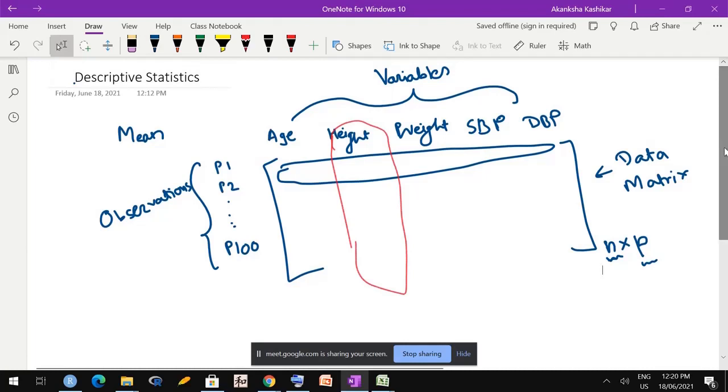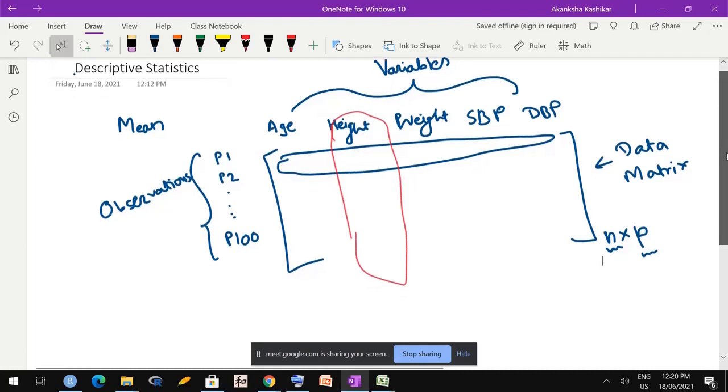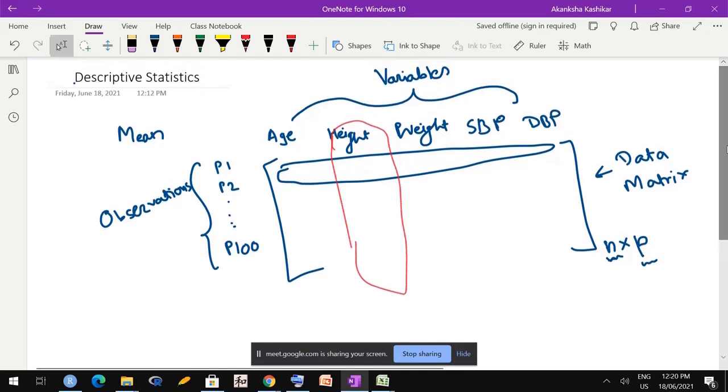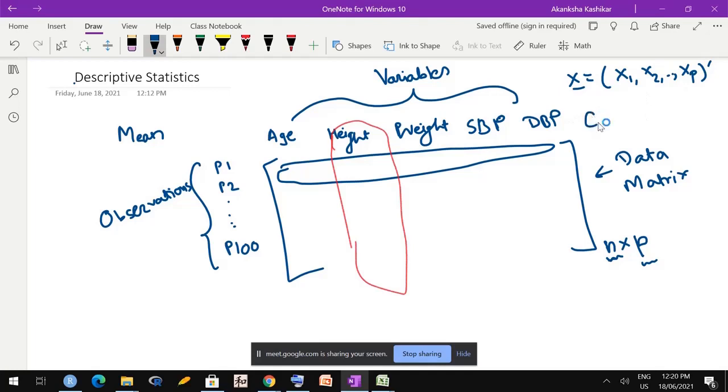By the way, some of you might have started thinking that we were saying that we have a vector. If I want to write this in the form of notation, I would say x is a vector which consists of x1, x2 up to xp. Here p is 5. Whenever we say vector in this course, we will refer to column vector.